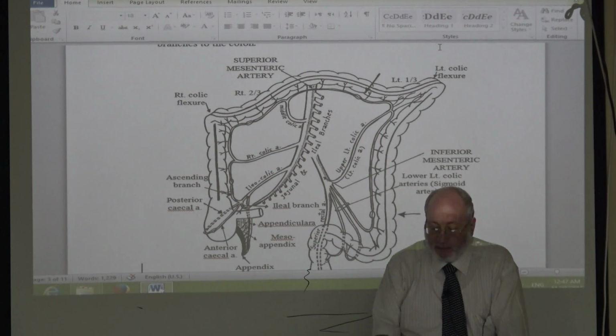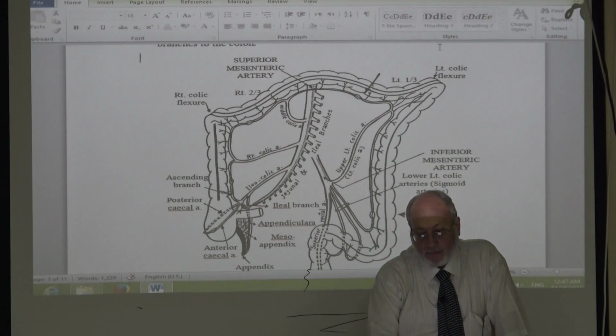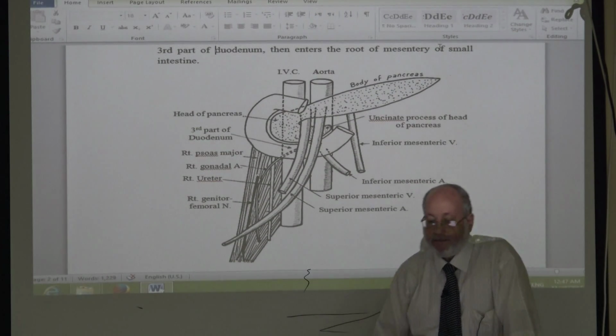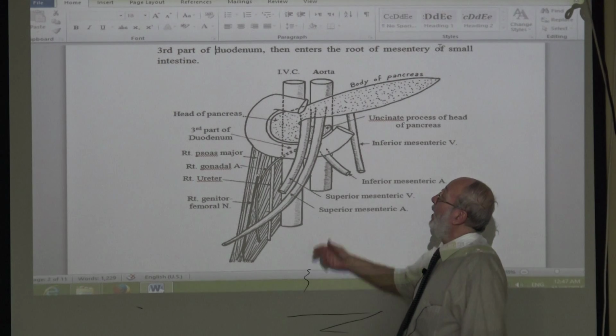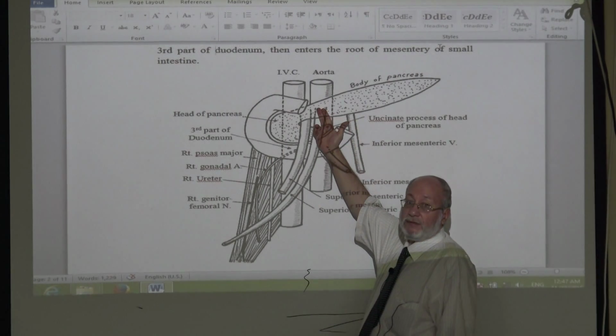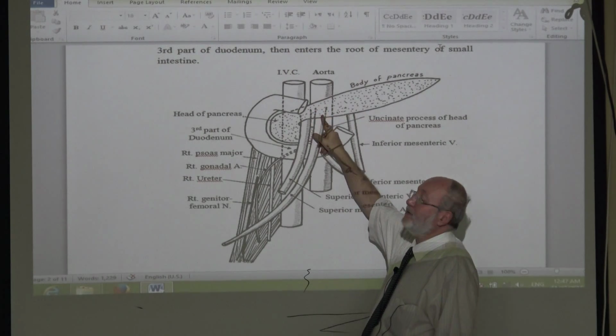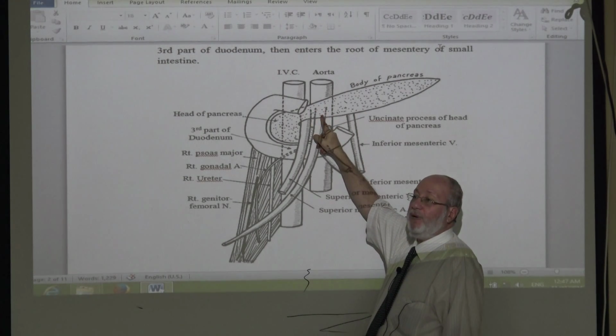What are the relations of the superior mesenteric artery? First of all, anterior to the origin of the superior mesenteric artery is the body of the pancreas.